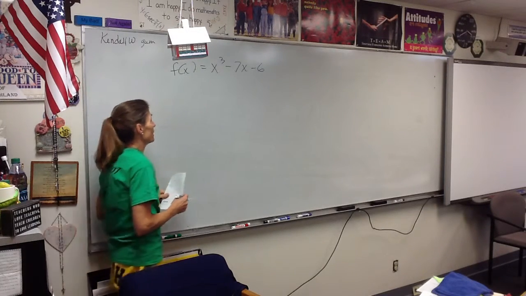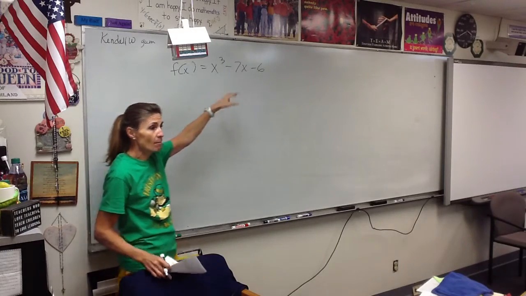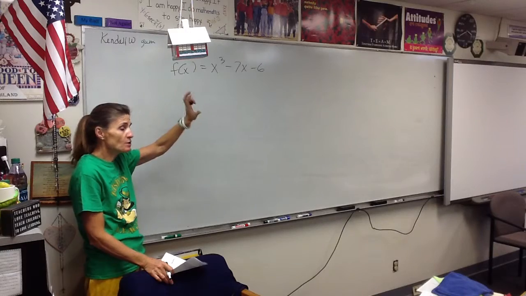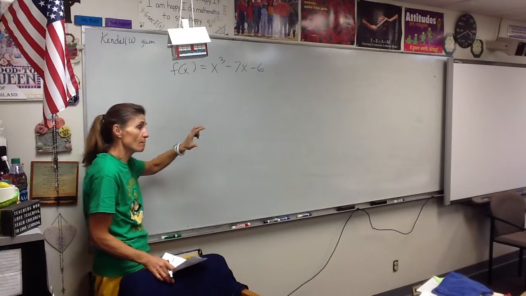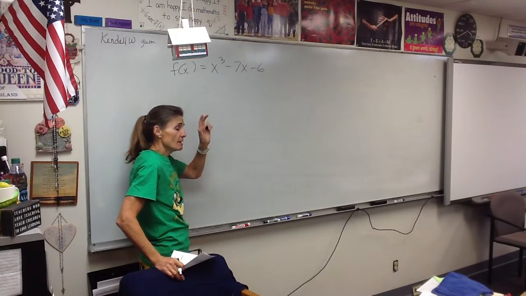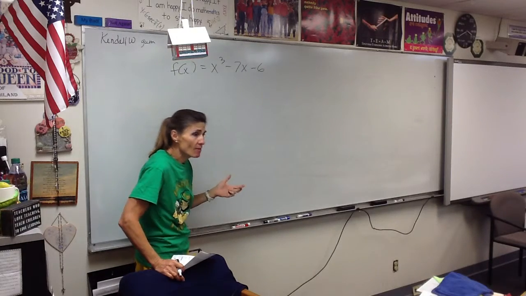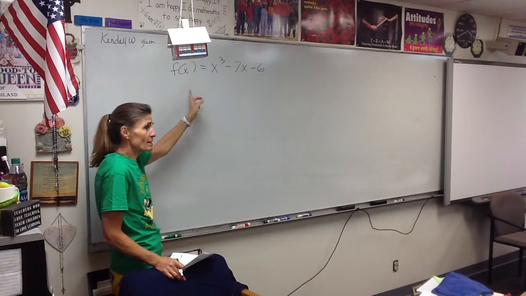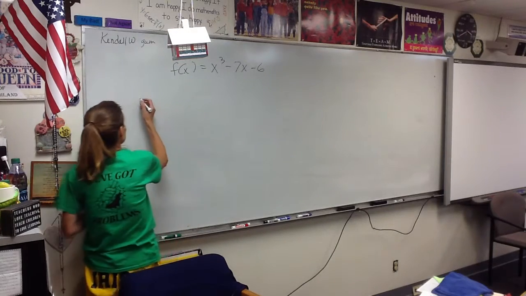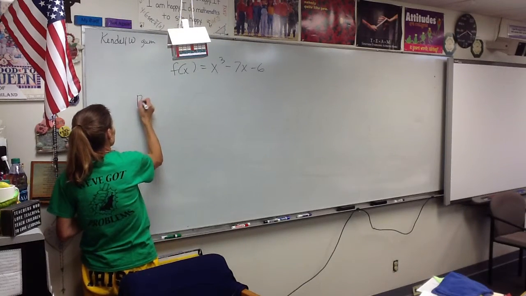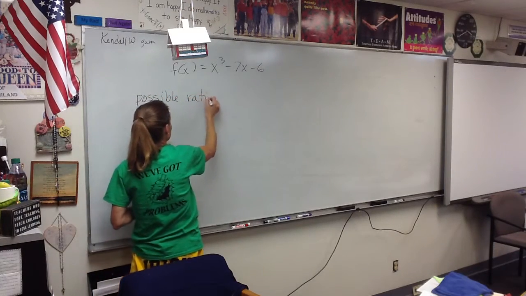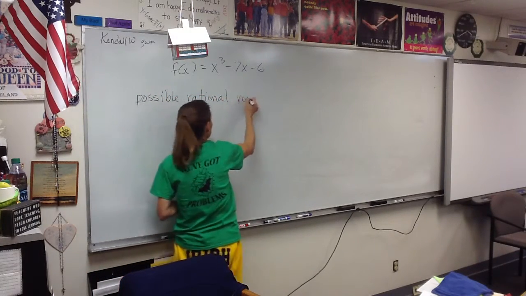Then I'm going to start just guessing numbers, right? Now you already have one tool to help you guess numbers. I mean, let's face it, if I just say to you start guessing, that's overwhelming. But you have a way of narrowing down your guesses. What's that called? The possible rational roots, right?